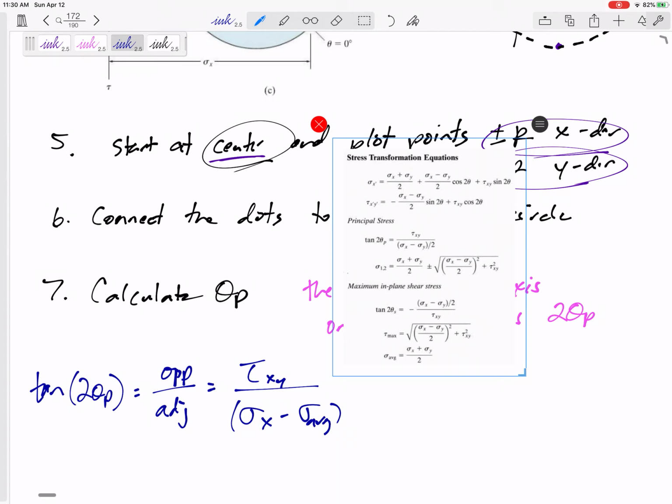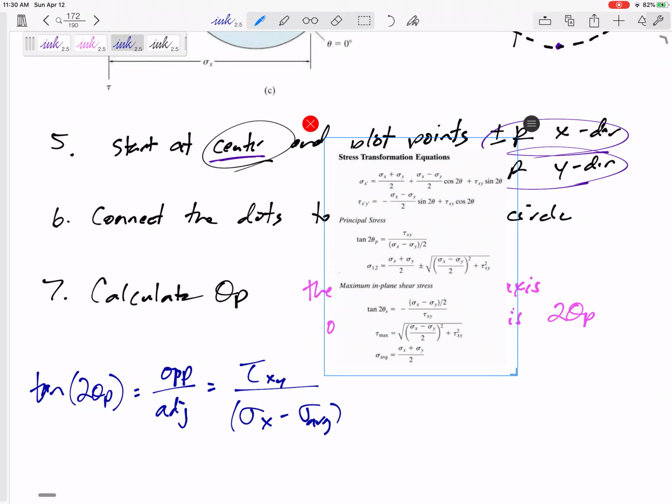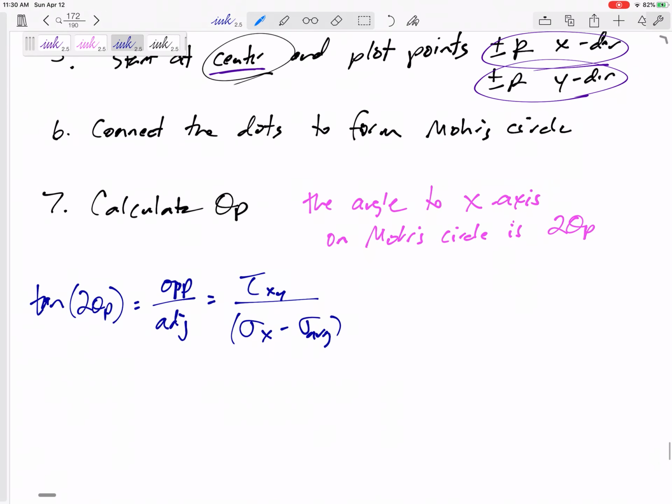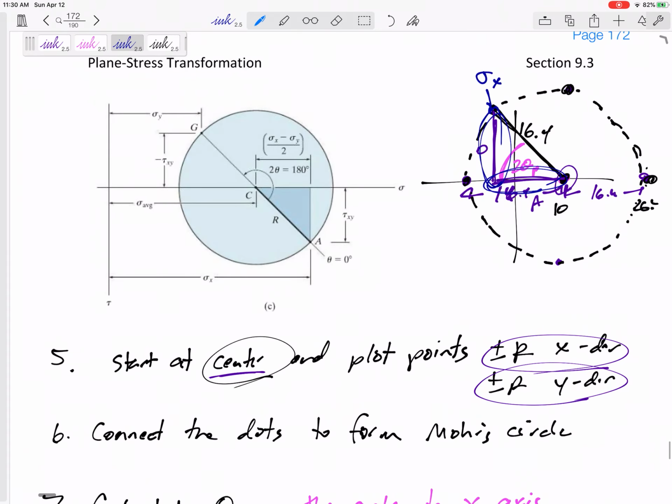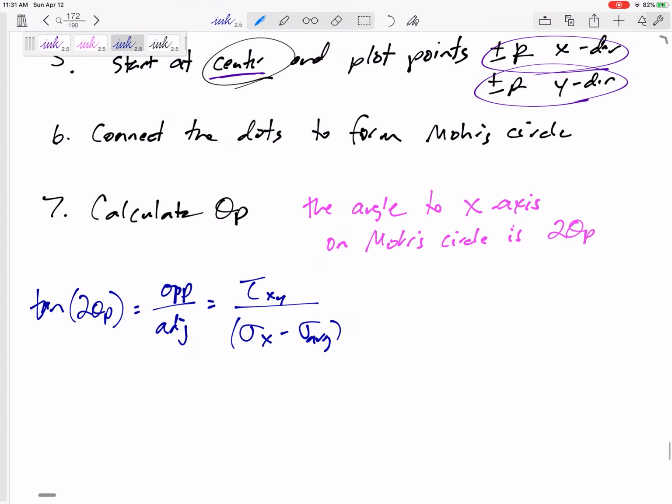And so everything that we're doing on this circle are these equations. Okay, so from the circle, you can get 2 theta p. Make sure to divide it by 2 to get theta p.